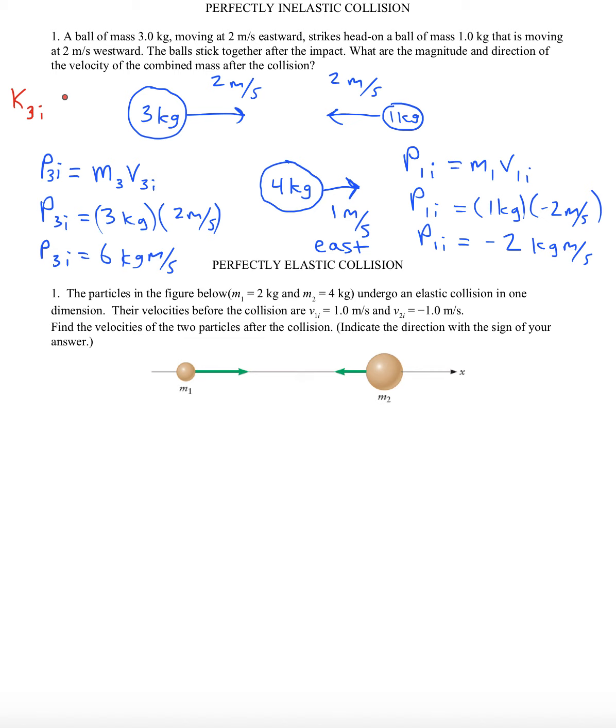So K3I would be 1/2 times the 3 times 2 squared. That would give it 6 joules.